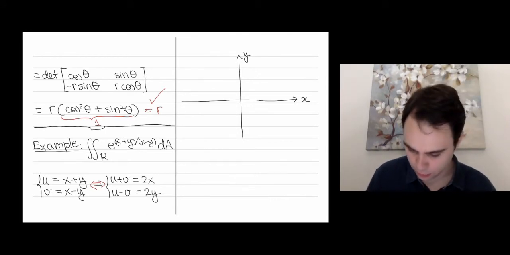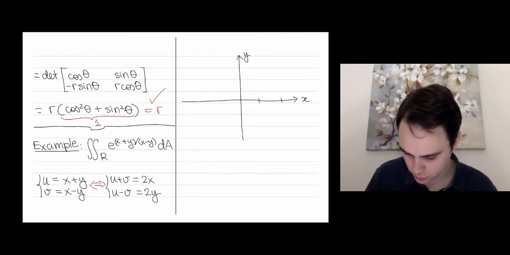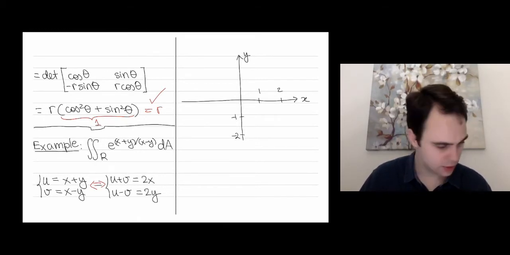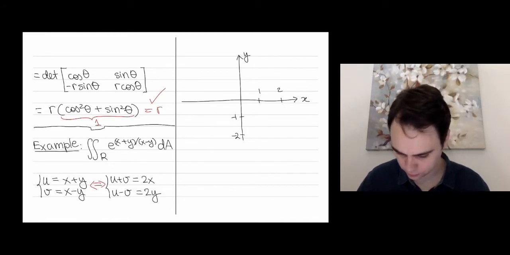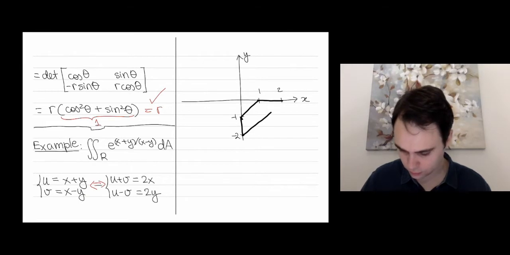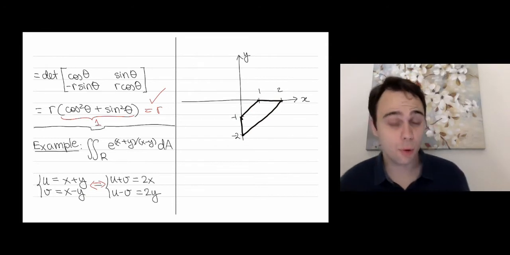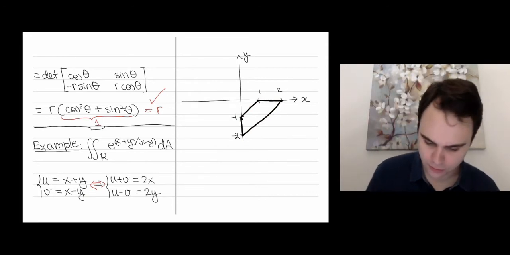Let me mark a few points here: 1, 2, so -1 and -2. So our region is here. We have four line segments joining these four points. That gives us our region of integration.